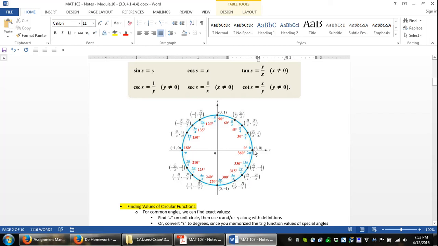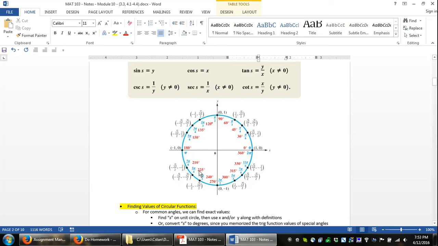So the cosine of 0 degrees is 1. The cosine of 30 degrees is square root of 3 over 2. The cosine of 45 degrees is square root of 2 over 2. Cosine of 60 degrees is 1/2. So every time we're just looking at that x coordinate. So again, if you've got the unit circle in front of you, I could say, what is the cosine of 330 degrees?